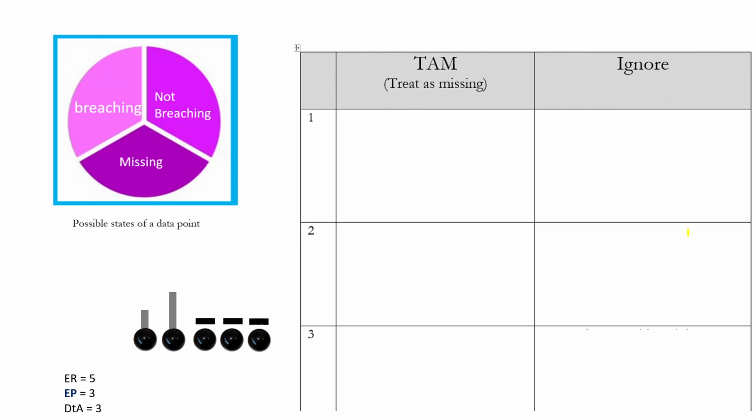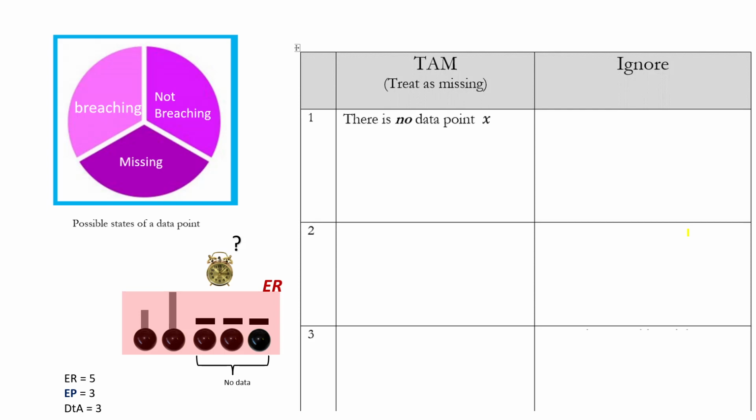So this is what we've got. The 3 most recent data points have had no data, and then we've had 2 older ones with data. And the question is, what state do we put this alarm in?